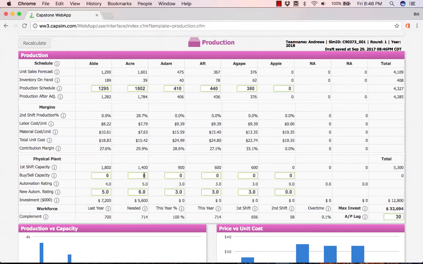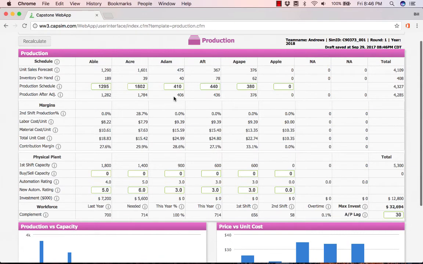There we go. Then on Atom, let's see, I'm going to order 475 times 1.15. I'm going to order 596 units of Atom. And that's 475 times 1.15 minus 40.